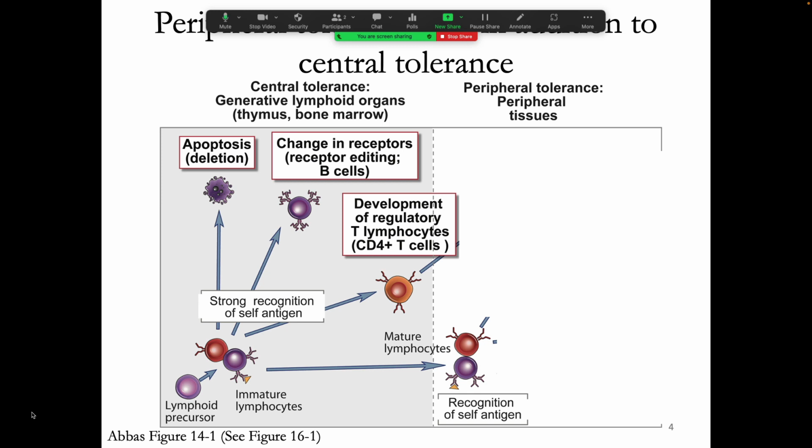The first part of this is that I want to talk about what happens when individuals have defects in central tolerance. If someone has a defect in central tolerance, you might imagine they're probably not going to have one T cell be unlucky and fall through the cracks. They're probably going to have many autoreactive T cells that are not dealt with because of this loss of central tolerance.